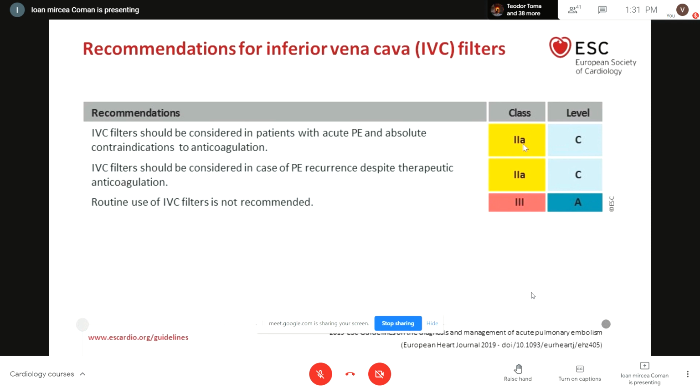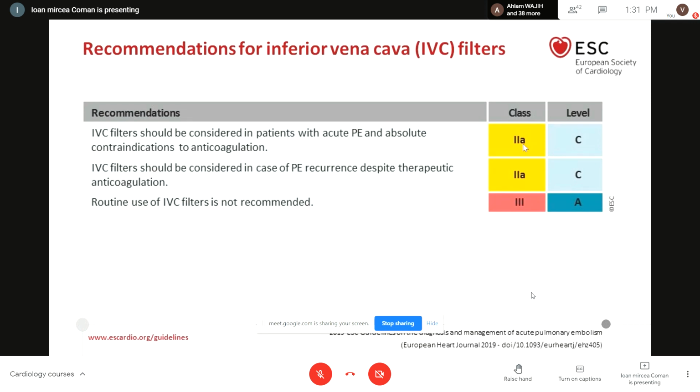Now, the results were not good in most of the cases, so at this moment the indication is just a 2A class indication, and it should be considered just in those patients who have an absolute contraindication for anticoagulation because of high bleeding risk, or in those who have a recurrence of the pulmonary embolism despite therapeutic anticoagulation.